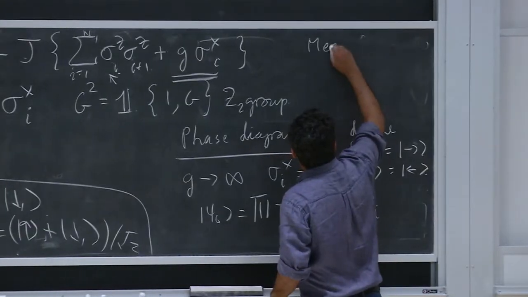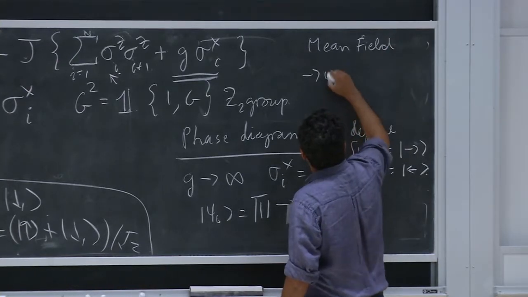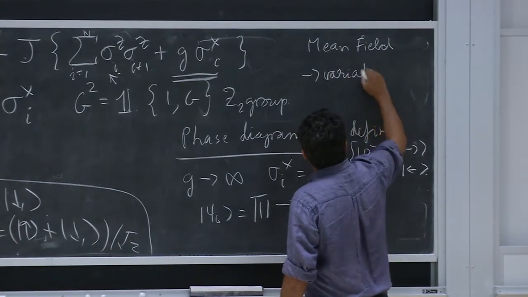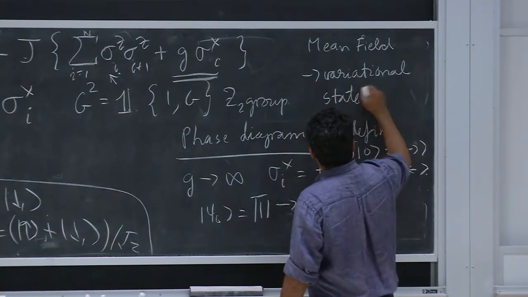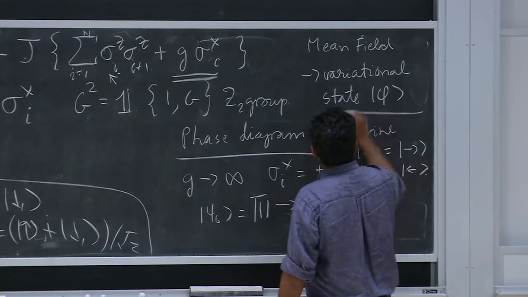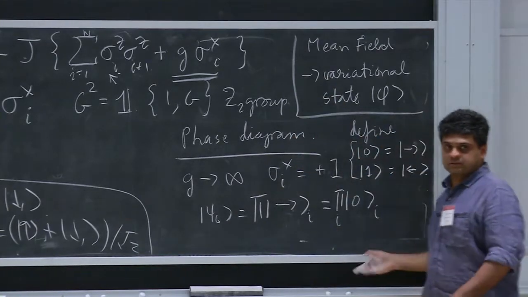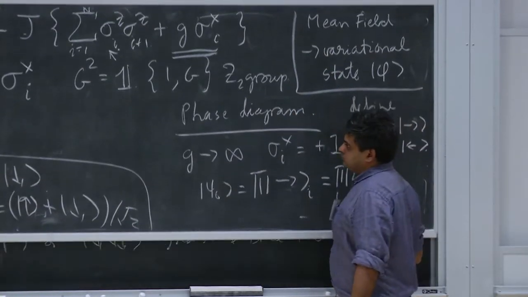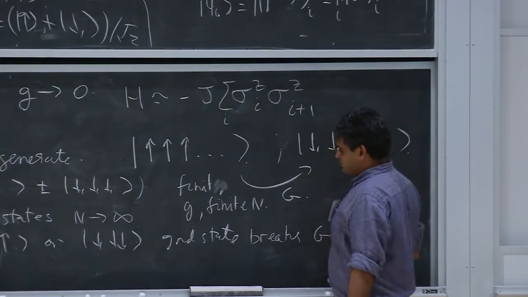So determine this phase diagram using mean field theory. This will be in the notes, so you can refer. Just look at the expectation value of the Hamiltonian in this variational state phi and minimize. So that is one way of looking at this problem.